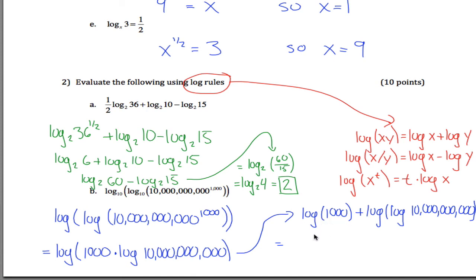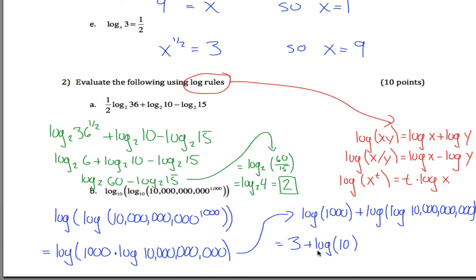Okay, good news is we can figure these out. Log of 1,000 is 3. Why is that 3? Well, because this is base 10, and 10 to the third power is equal to 1,000. Plus the log of 10 billion. 10 to the 10th power will get me a number with 10 zeros. So this is log of 10.